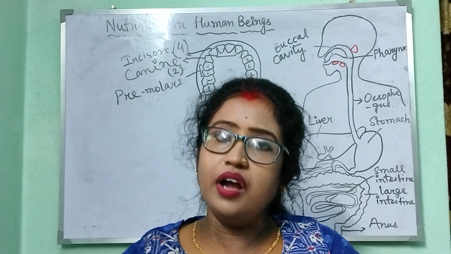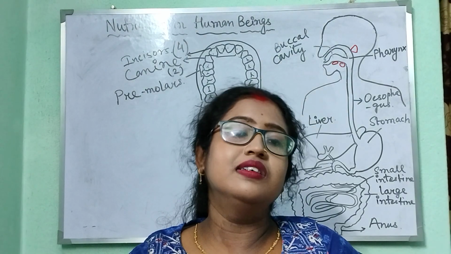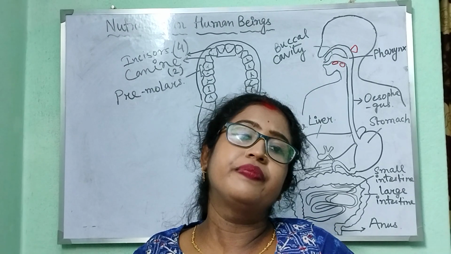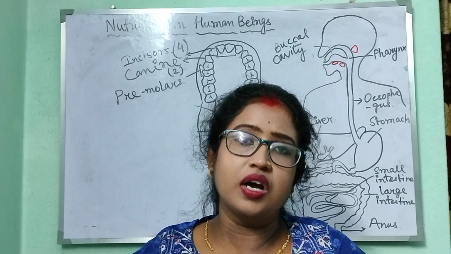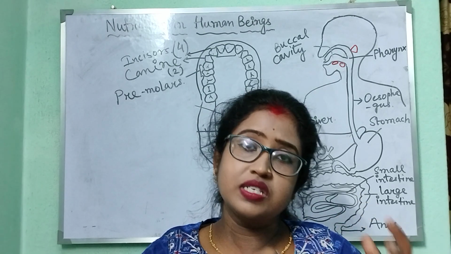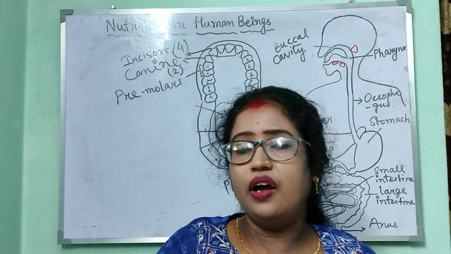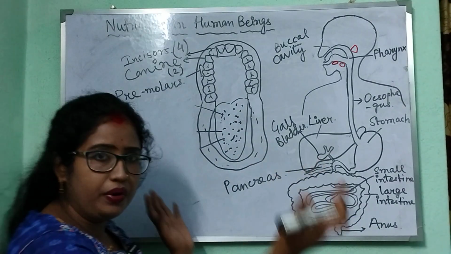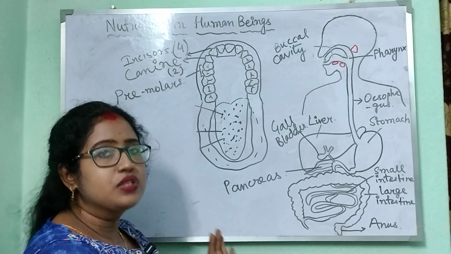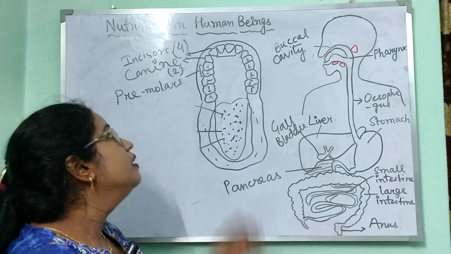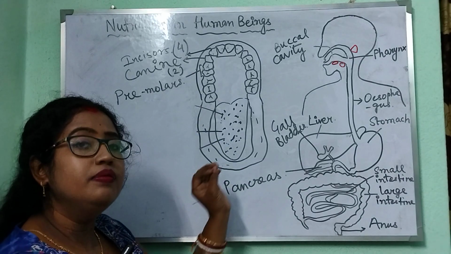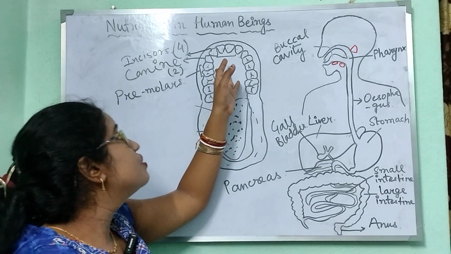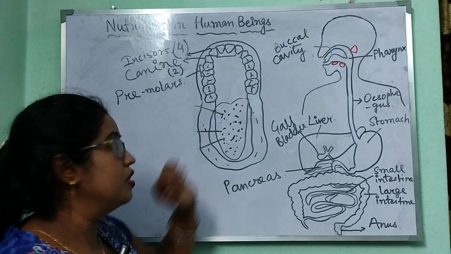They help in crushing and grinding the food material, and these teeth actually start the process of breaking down the complex food material into simpler ones. It is a long process to break the complex food matter into simpler ones, but the starting point of this breaking down starts from this teeth structure.